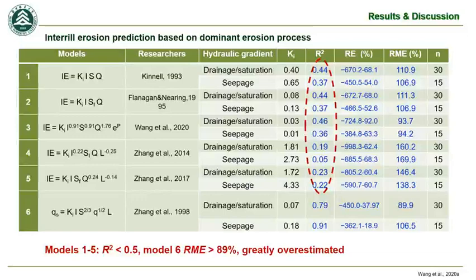When the slope length was not considered, the predicted interior erosion rate using models 1 to 3 did not match the measured value, with R² less than 0.5. In addition, models 4 and 5 did not provide improvement by considering the negative exponential of the slope length. In a word, the current models greatly overestimated interior erosion.